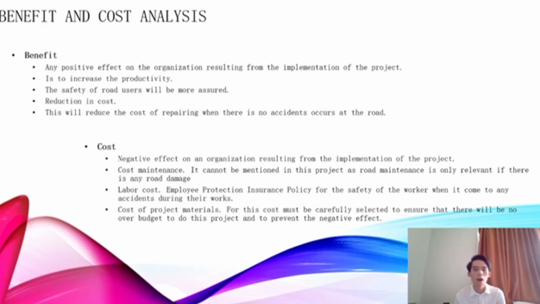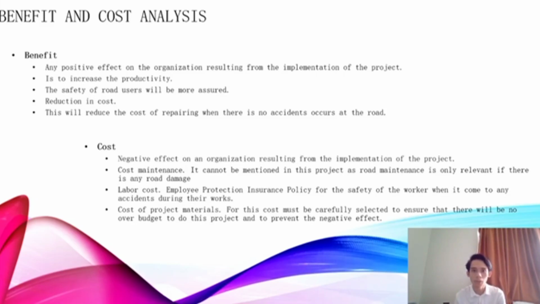So, costs are mainly about three costs. First, cost of maintenance, which cannot be mentioned in this project, as road maintenance is only relevant if there is any road damage. For the labor cost, employee protection insurance policy. Every laborer needs this insurance for their safety when it comes to any accident during the work.